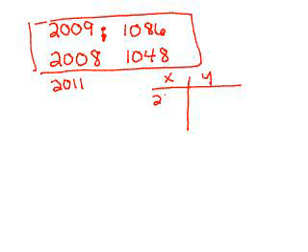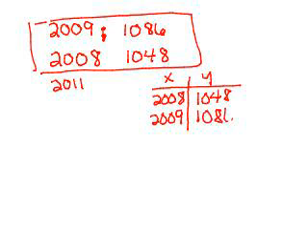So in the year 2008, we had 1,048 students. This year, 1,086. Okay, so for our change in y then, well, from 1,048 to 1,086 then, we're going up from 48 to 50 is 2. 50 to 86 is 36.